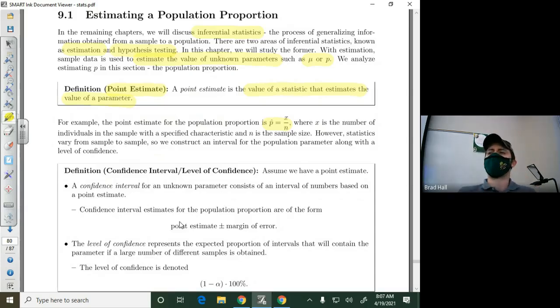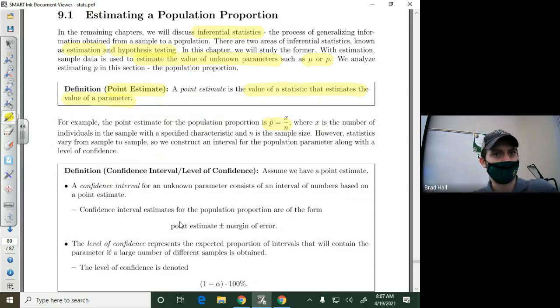But the problem with just looking at point estimates, so just getting one concrete number, well, we could get one number from one sample. So in this class, I figure out the proportion of men to total number of people in the class. But what about if I go to another class and I do the same thing? It'd be much different. If I go to an engineering class and I do that, it's going to be predominantly males.